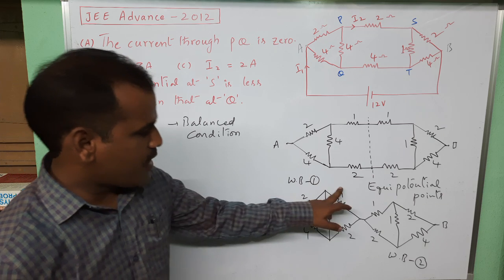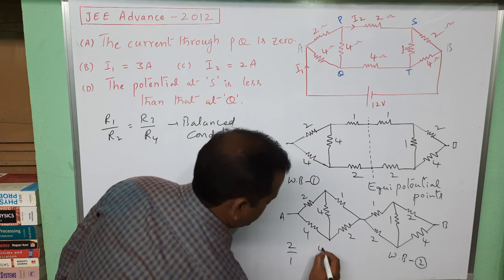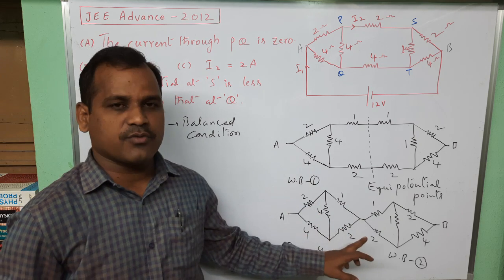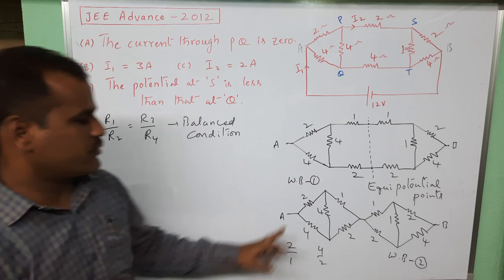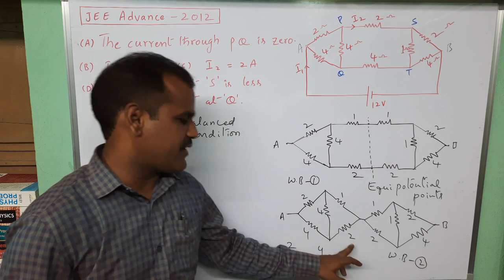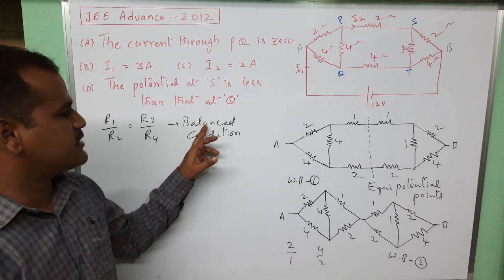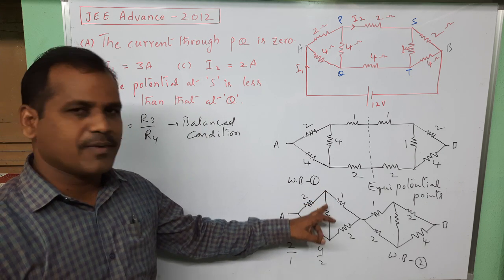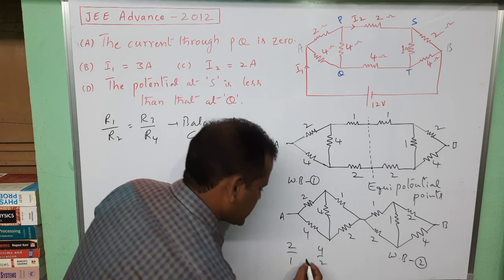Here 2 by 1, if it is equal to 4 by 2, R1 by R2, R3 by R4 ratios we have to compare from this condition. This divided by this and this divided by this. If these two ratios are same, then the bridge is under balanced condition. Under the balanced condition of the bridge, there will be no current flowing through this branch. That is a Wheatstone bridge concept we know.